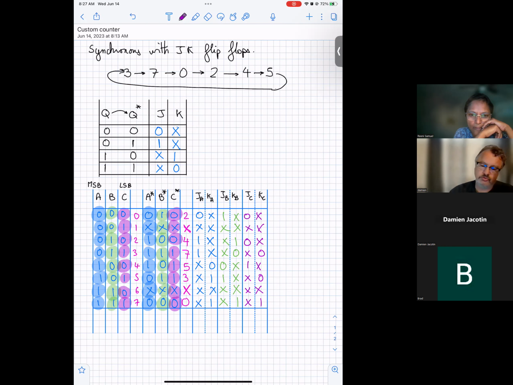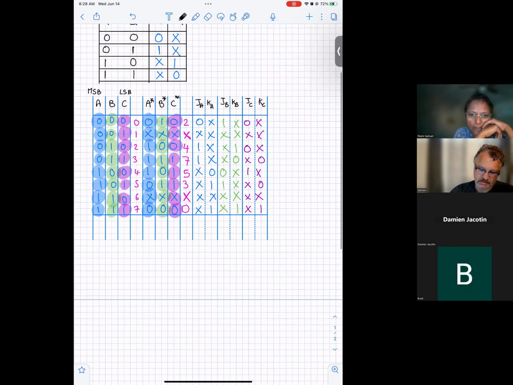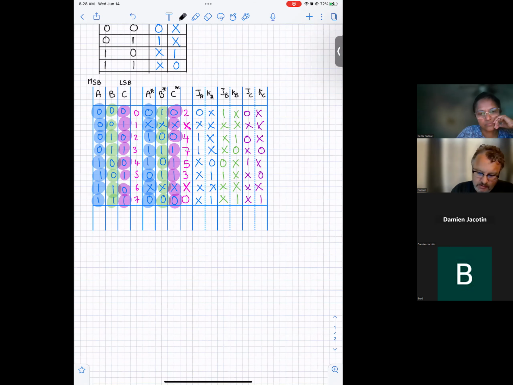Now we need to do our K mapping. So for the K map, we're going to create our K maps. As you know, I like my horizontal K maps, so I'm going to set them up like this.